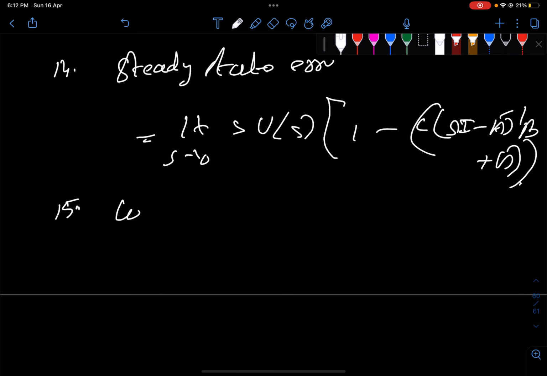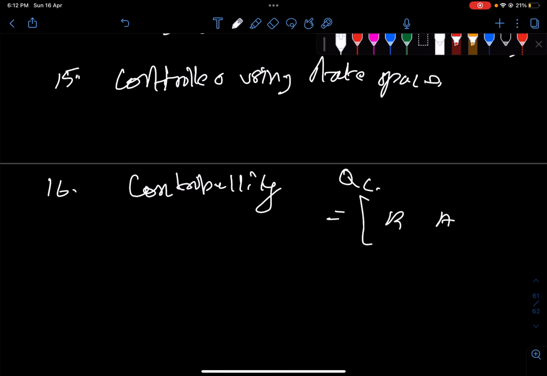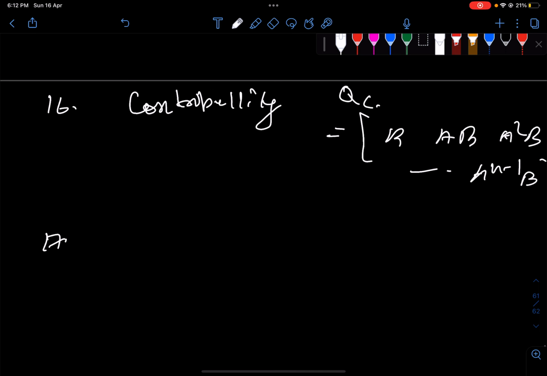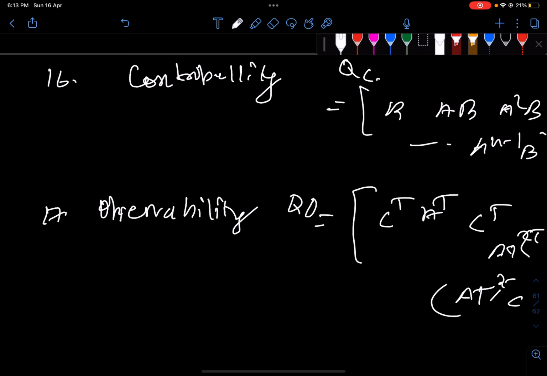The next thing we discussed is the controller using state space. After that, we concluded with controllability. For that, controllability QC is B, AB, A squared B, up to A to the n minus 1 B. And for the other one, observability, QO is equal to C transpose, which is common everywhere, A transpose, A transpose squared, up to A transpose to the n minus 1 C transpose.